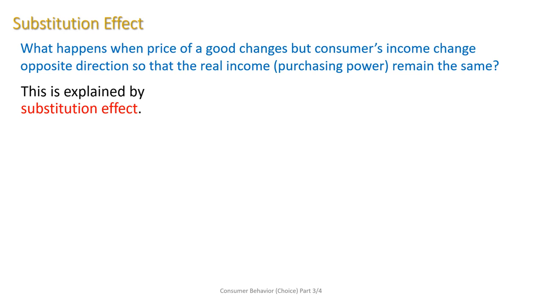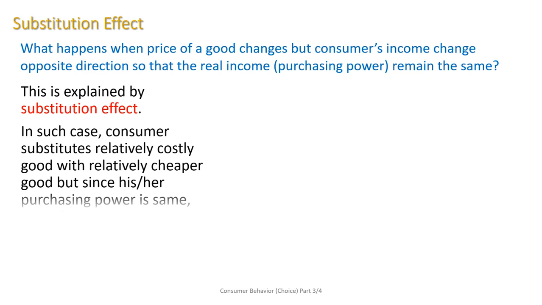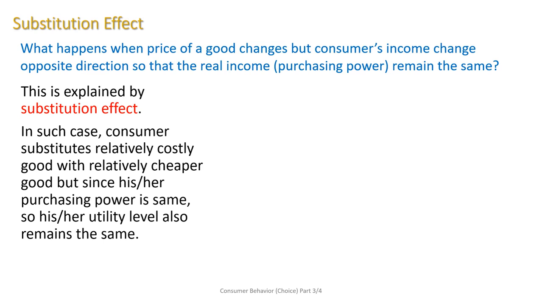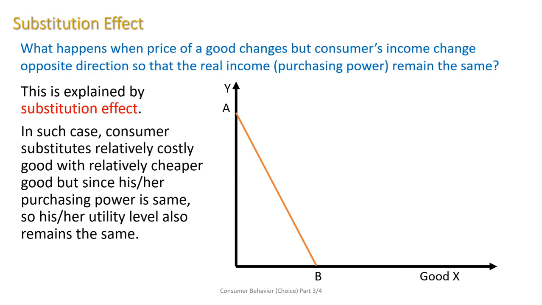So, first let's look at the diagram. Initially, the consumer is in equilibrium at point E1, where the budget line AB is tangent to the indifference curve. The price of the commodity X decreased. This resulted in rotation of the budget line.